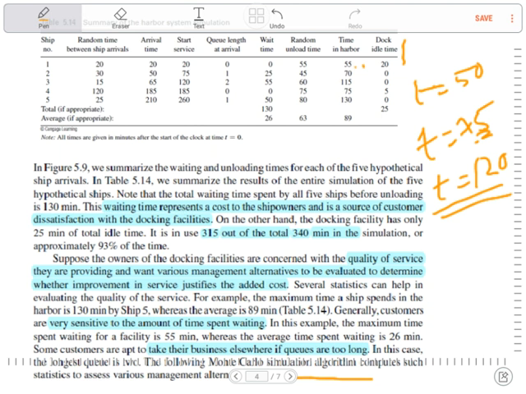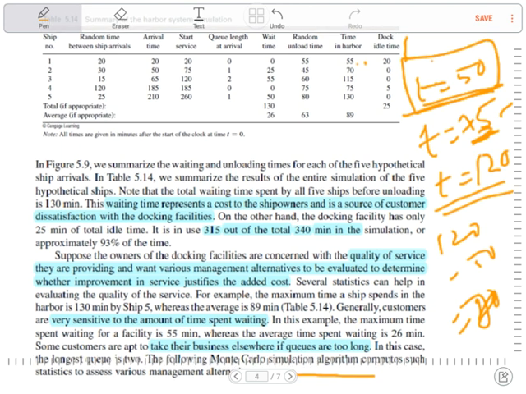Now from this 120, as it has arrived at t equals 50, if I subtract this 50, that is the time spent by ship 2 in the harbor, because it is arriving at t equals 50. Before that it was not there in the harbor, so we should not calculate that much time. So t equals 50 should be subtracted from the starting of the service time plus the time it takes for unloading, that is 45 minutes.